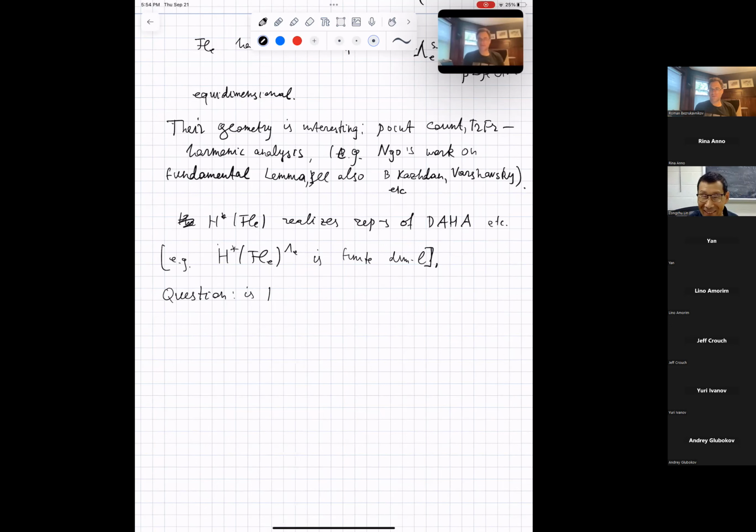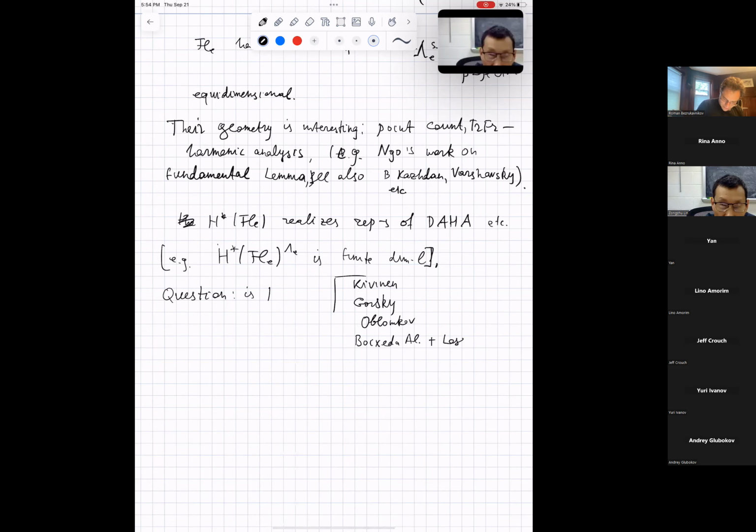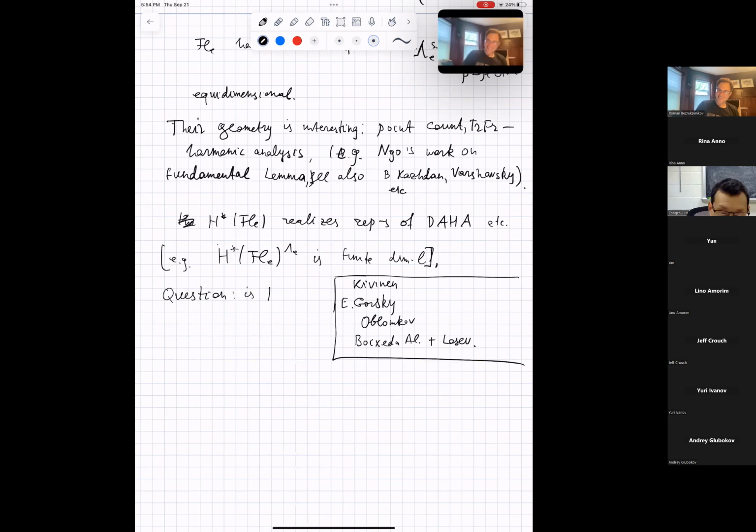There's very interesting work by Gorsky, Oscar Kivinen, Gorsky, Lomkov, and also there's a work of Pablo, my collaborator, and Glosiev. Which Gorsky? Eugene. Okay, so the UC Davis. Yes. So anyway, many things to say.